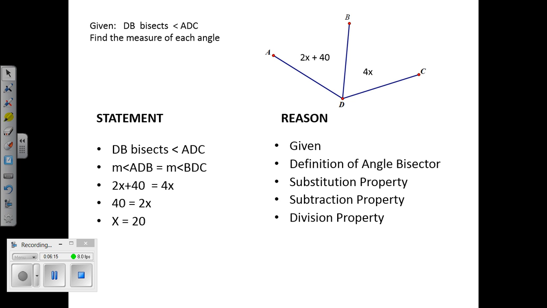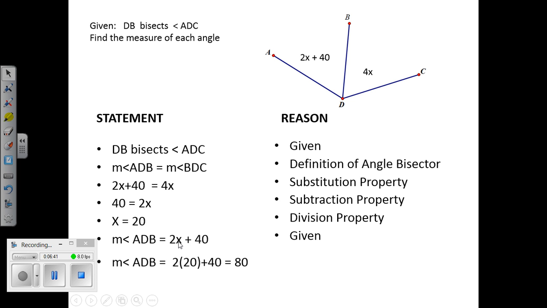We're not finished because the problem did not ask us to find the value of x. It asked us to find the value of each angle. So we were told that angle ADB is 2x plus 40. It's implied in the picture. Where did the information come from? It was given to you. What do you know now? You know that x is 20. So what does that mean? You can plug 20 back in here. 20 times 2 is 40 plus another 40 is 80.